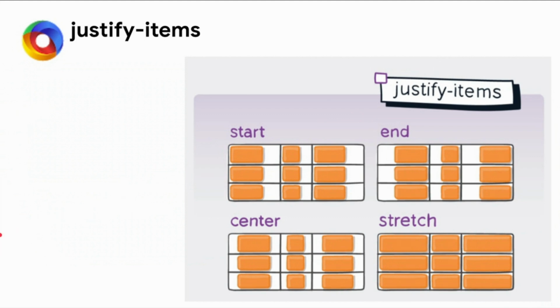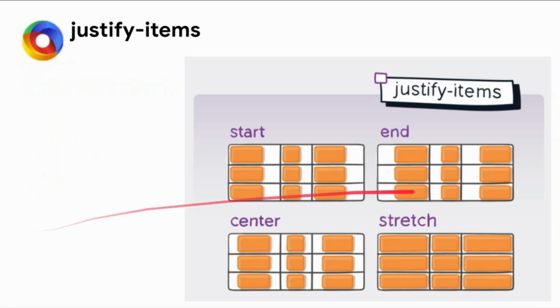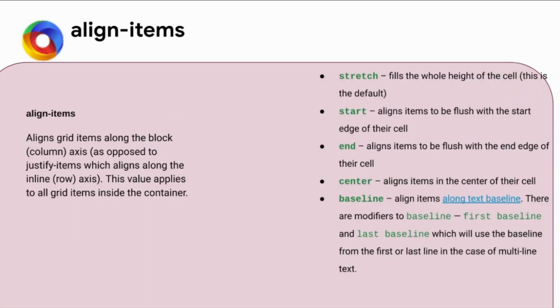In that case, we can use justify items to align your inner items. If we put start, everything will be at the start. With end, all the inner cell content will be at the end. With center, all the inner child items will be centered. And stretch is basically the stretched version of all of them.